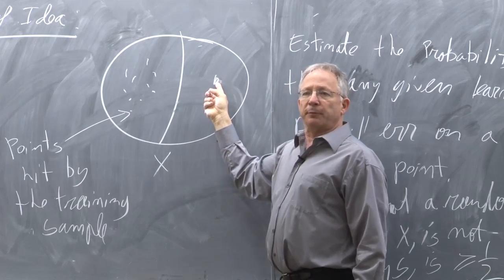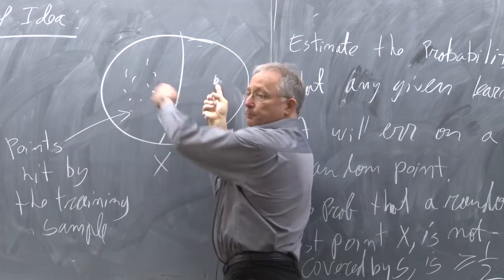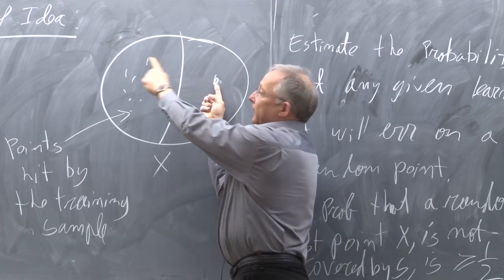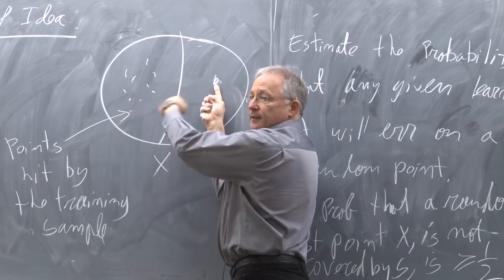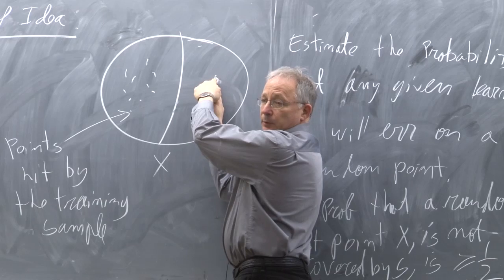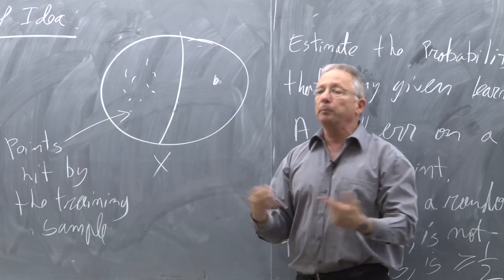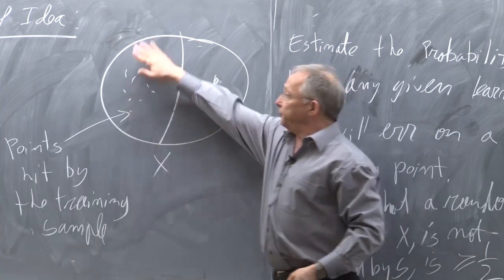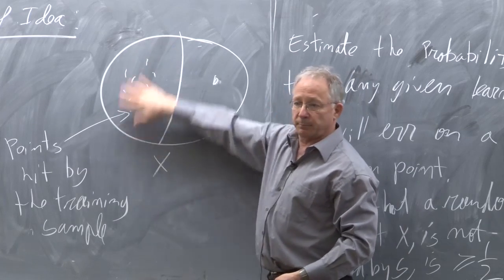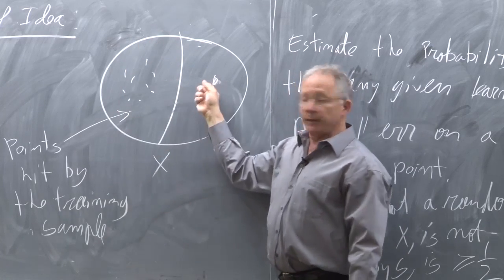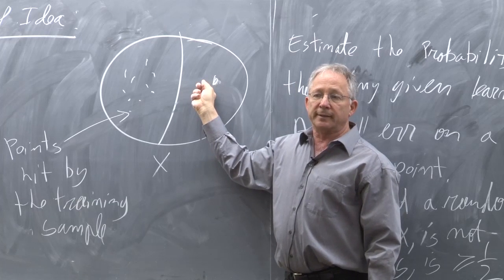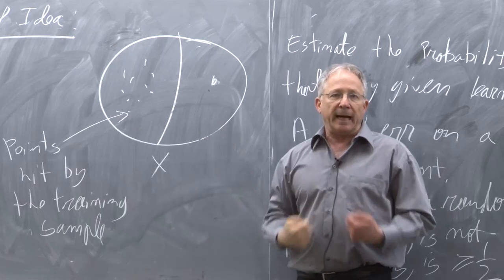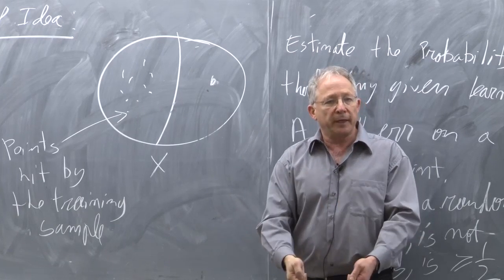But half of the functions that agree with the sample will give this point label 0. And half of the functions that agree with the sample will give this point label 1. Since I have all possible functions, if I fix their behavior on the training sample, still for every new point, half of them will say 0, and half of them will say 1. But my algorithm had to output a hypothesis.